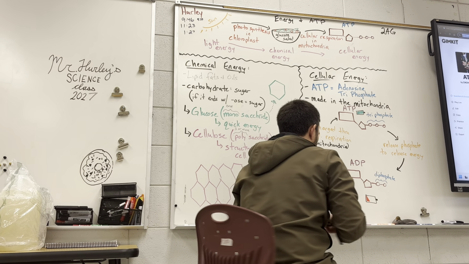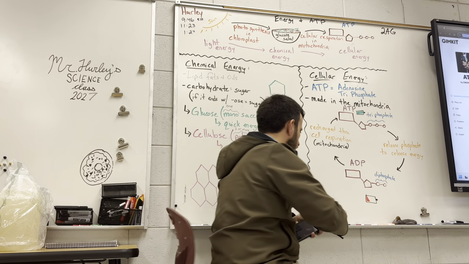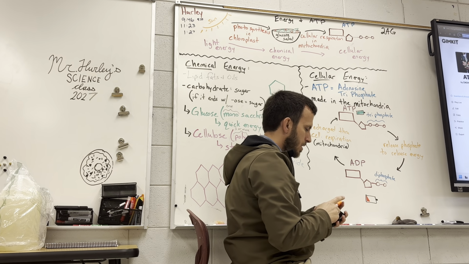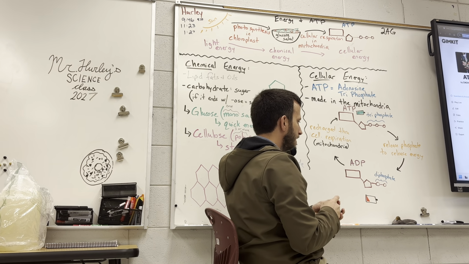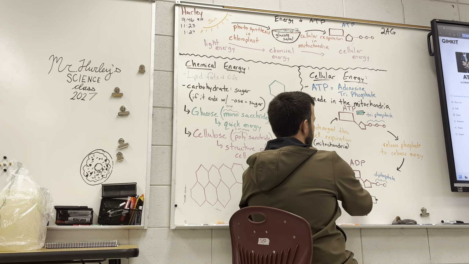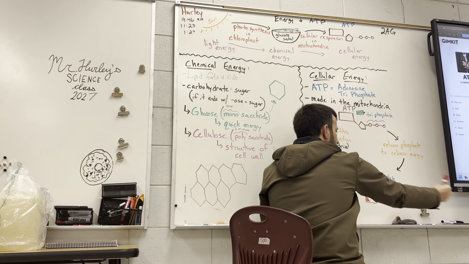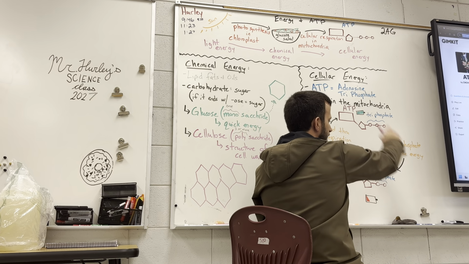If you have a car and you get a flat tire, do you just take that car to the junkyard and go buy a new car? No. So what's happening here is that instead of making a completely new structure, ADP gets turned back into ATP. All it has to do, I say all it has to do, is have a phosphate put back on there, and now it's ATP and it can be recharged.